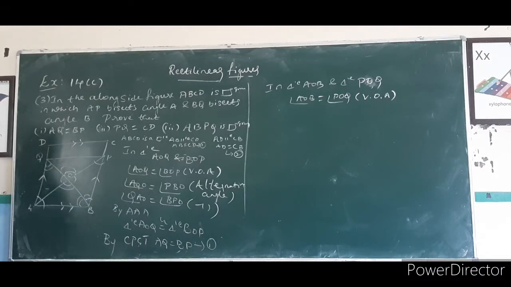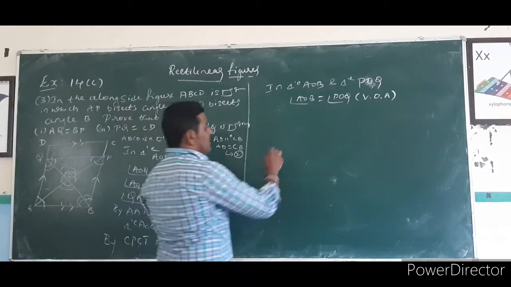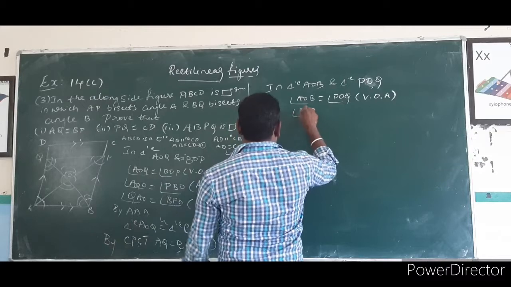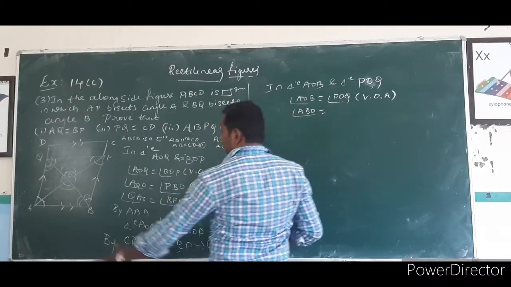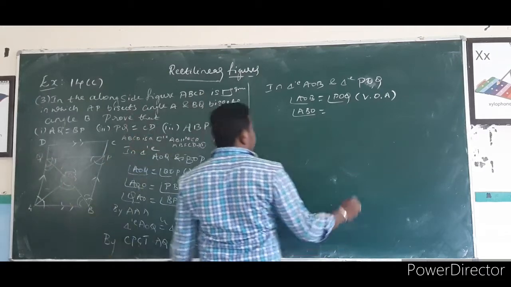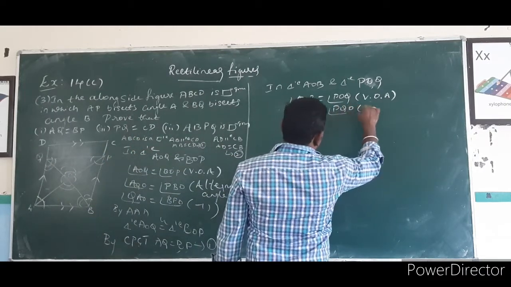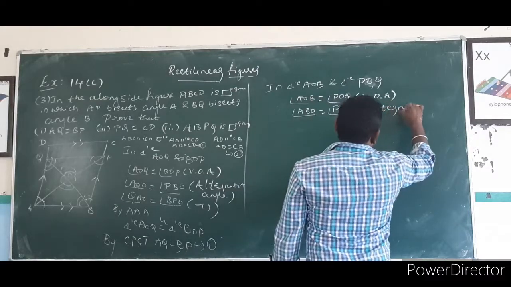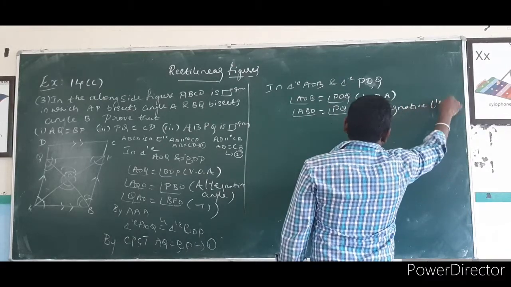So next, AB parallel to DC means these two are alternate angles. Which are the alternate angles? These two are alternate angles and these two are alternate angles. ABO and PQO, one type of alternate angles.